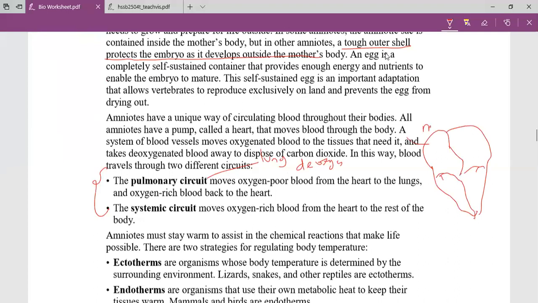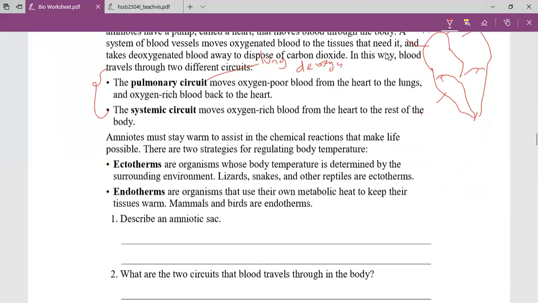So we have the right atrium and the left atrium, and the right ventricle and the left ventricle. This is the reason why mammals have a more specialized way of exchanging gases. Fish have hearts too, but the heart is less complex than that of the reptiles and that of the amphibians.